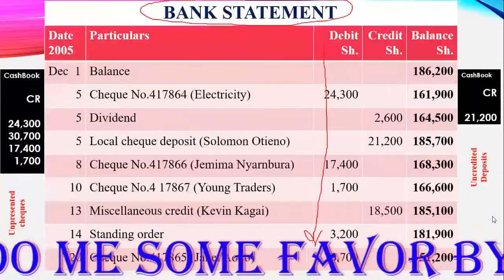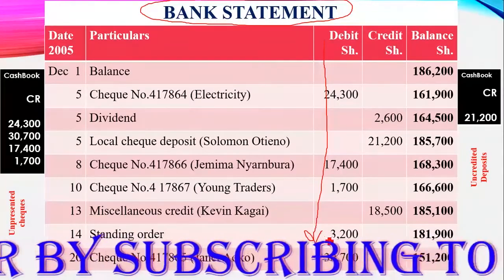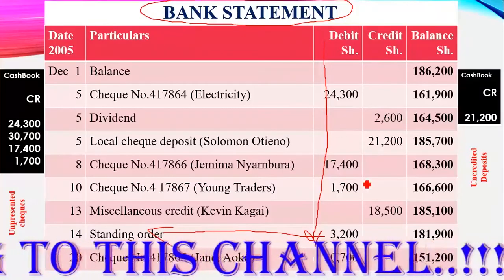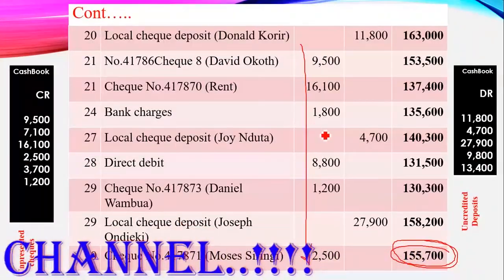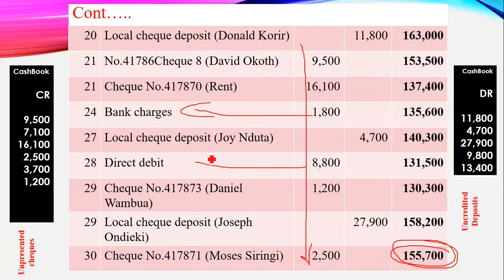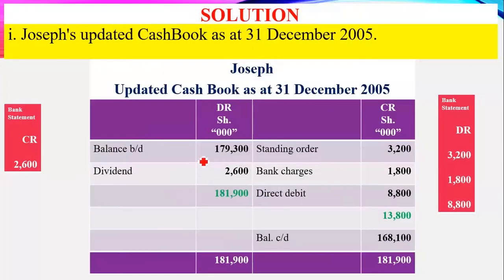What do they represent? We have seen that this figure here is missing. This is a standing order. We also have this figure here, which is bank charges, and this figure here, which is a direct debit. So those 3 figures, we are going to take them to the cash book. So we are going to update our cash book.